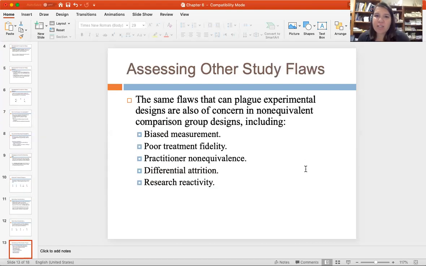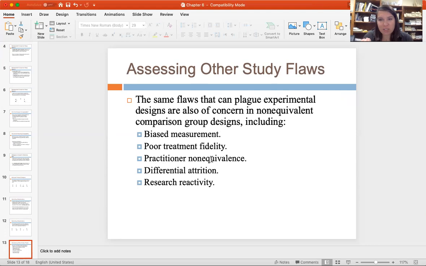So there are other things that you need to do to assess for study flaws. These are discussed in the threats to internal validity video that I made. Some similar flaws that can be found are biased measurements, poor treatment fidelity, practitioner non-equivalence, differential attrition, and research reactivity.